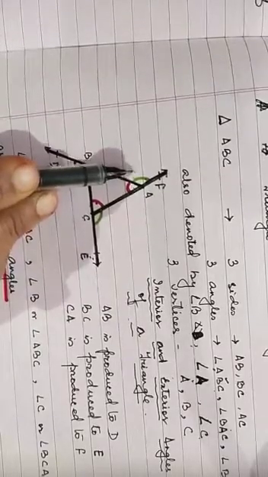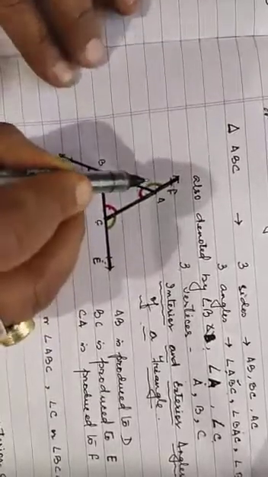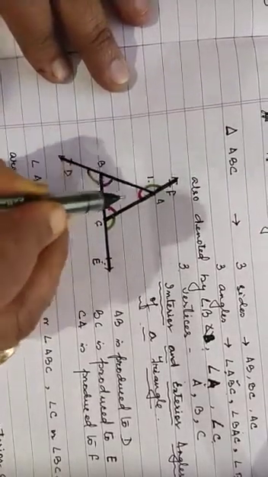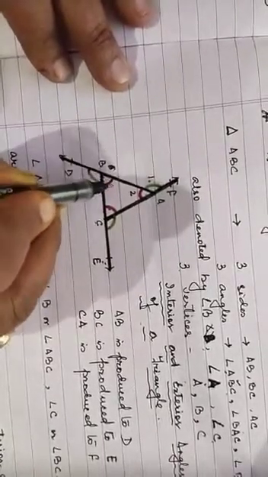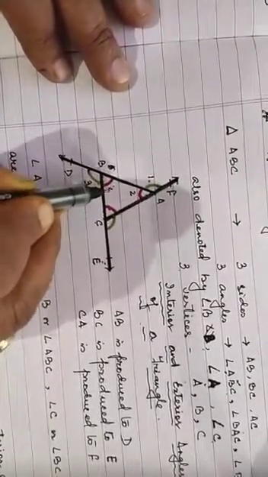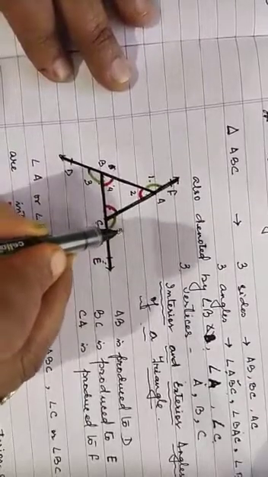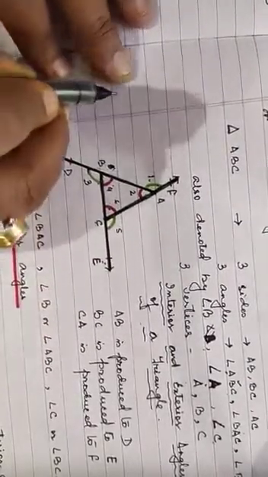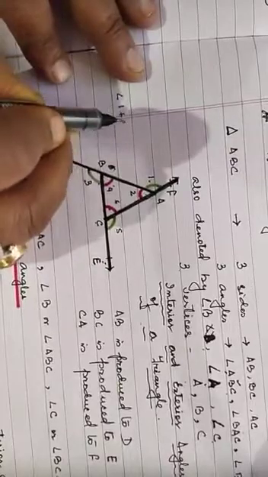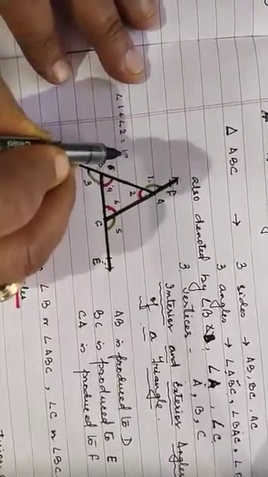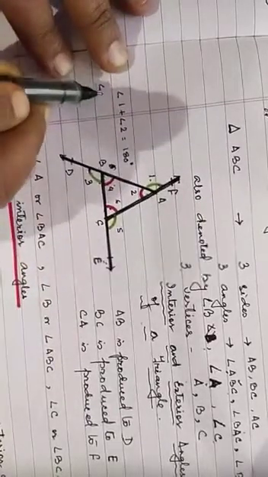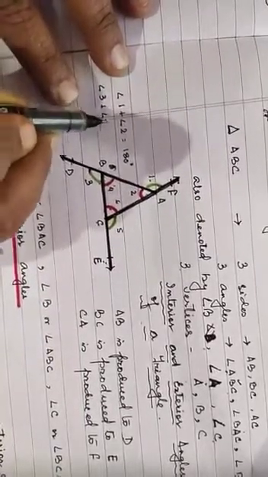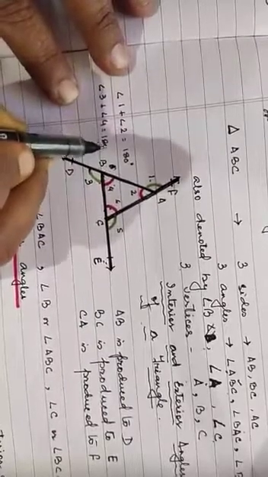Now one important thing you note over here: name this angle as 1, this 2, this 3, this 4, this 5, this 6. Angle 1 plus angle 2 is equal to 180 degrees because it is a straight line. Angle 3 plus angle 4 is equal to 180 degrees.